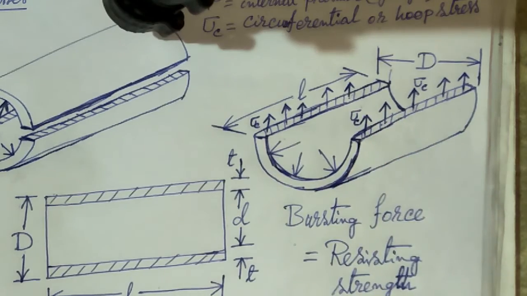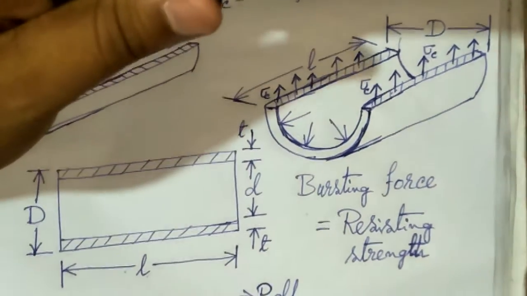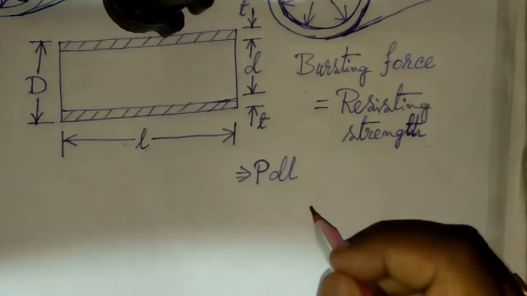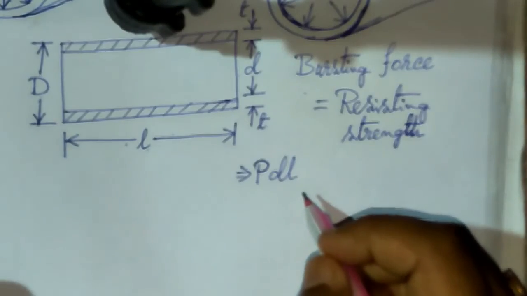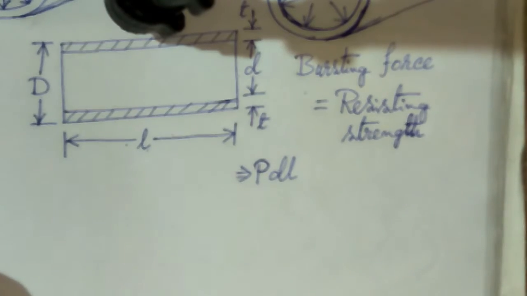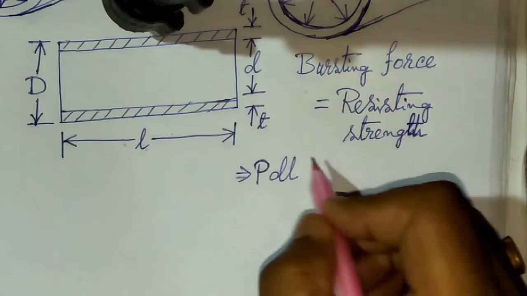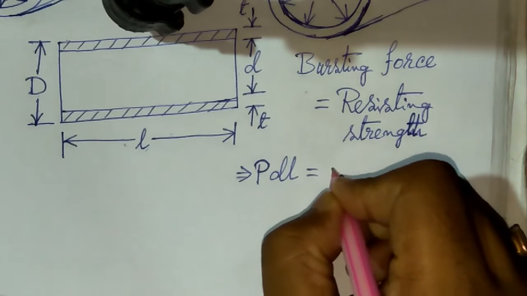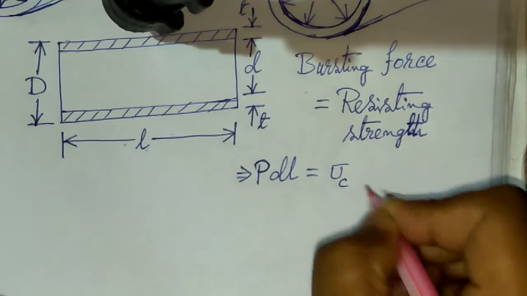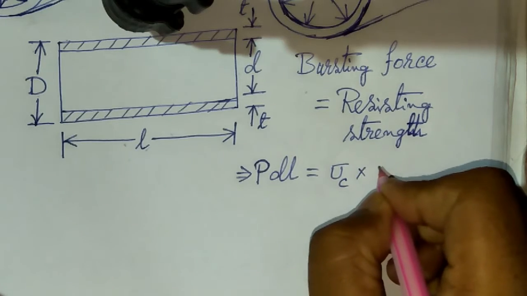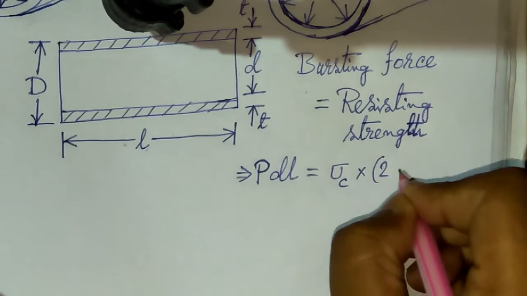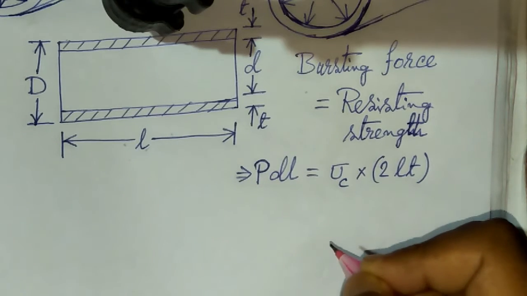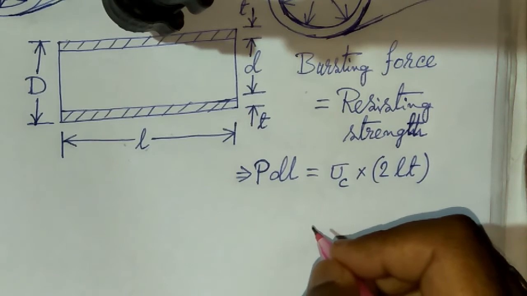So we can write this bursting force, that is P into dL, equals sigma c into 2 into L t.